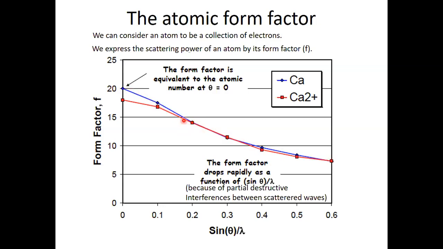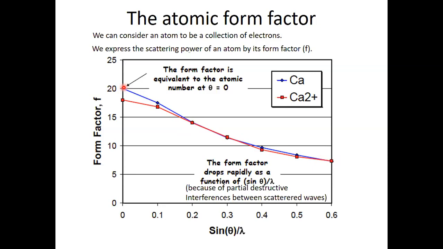And this is because of interference of the scattered X-rays. So in an atom, the electrons have a distance to each other, which is at the same length scale as the wavelength of the X-rays.